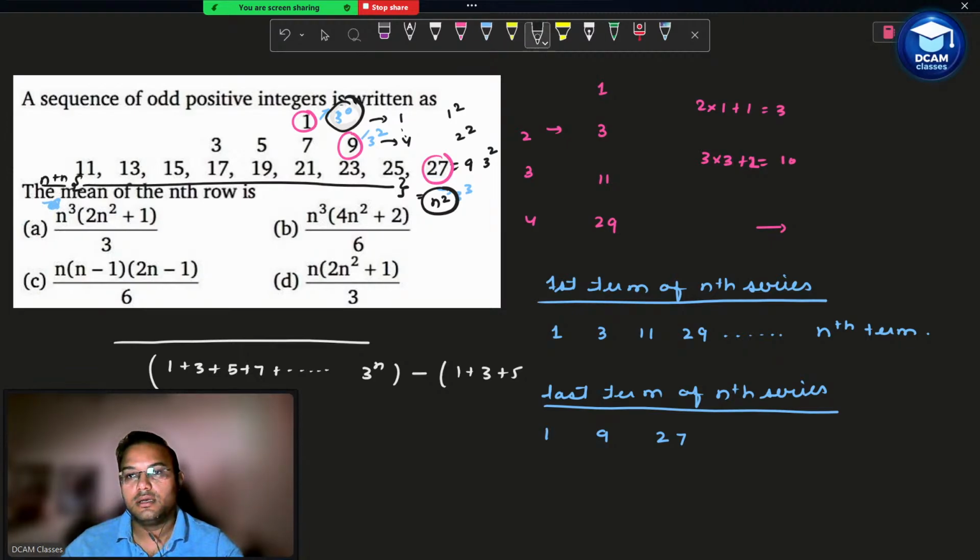29, 31. There is a difference of 2. By 2 means how many terms? 16, 32, 33, 5. The term should be 59.